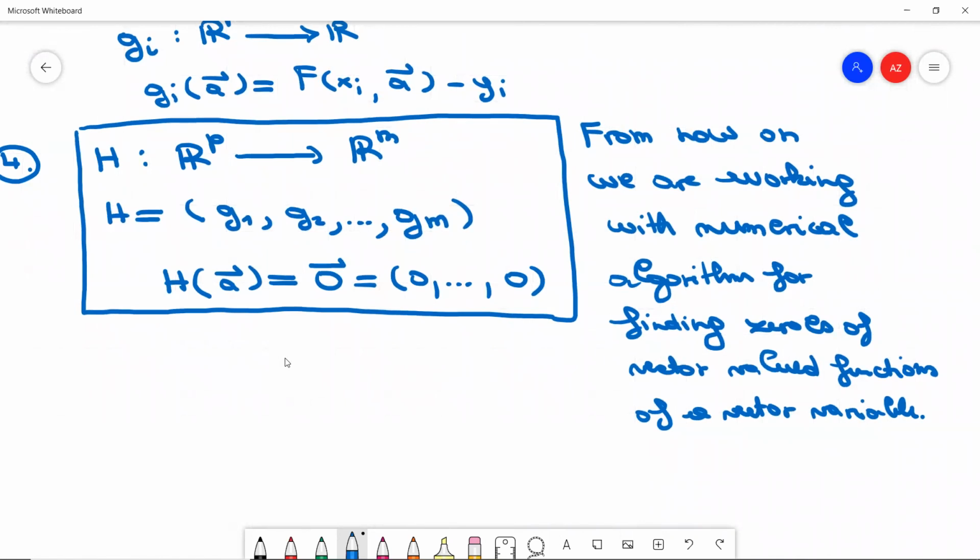As we saw in the example above, if all of those G's are linear functions, then H can be expressed in the matricial form.